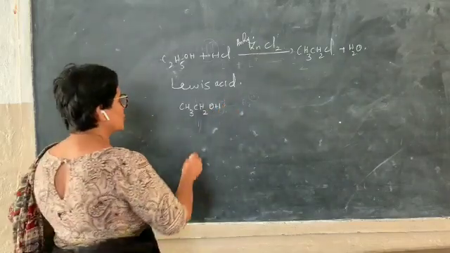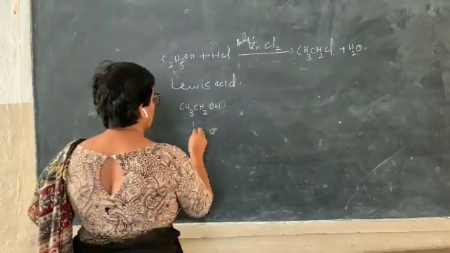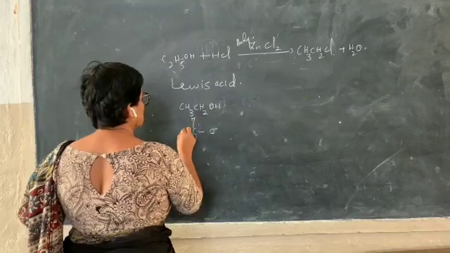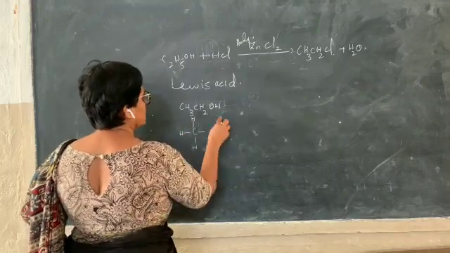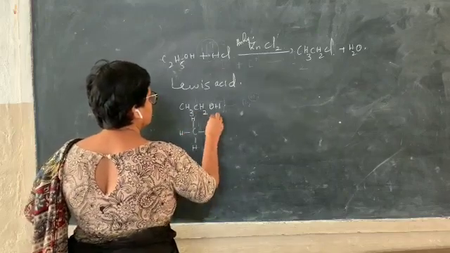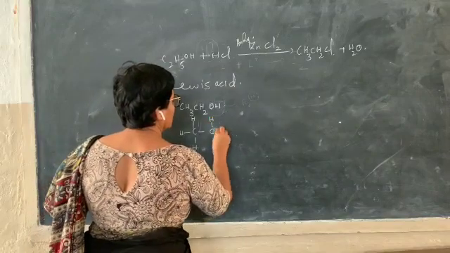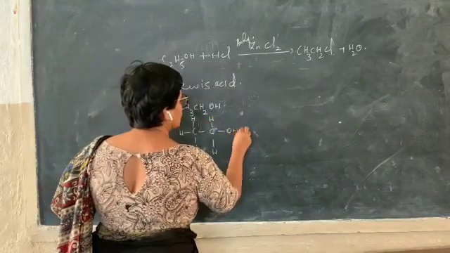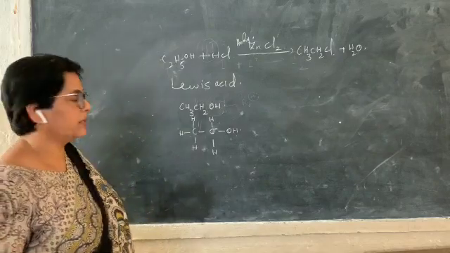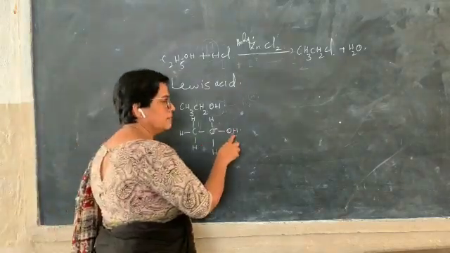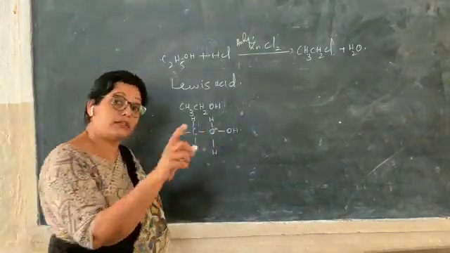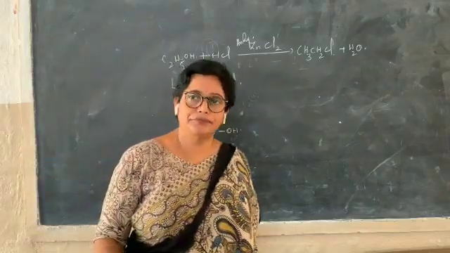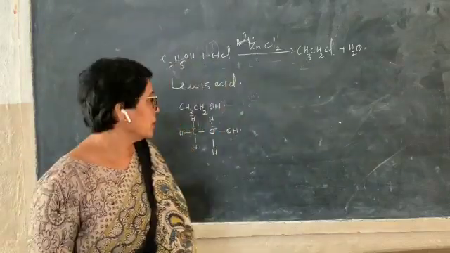When we draw the structure, CH3, CH2, the OH functional group will be linked with the carbon atom, bonded with the oxygen atom of OH. That is the alcoholic group.